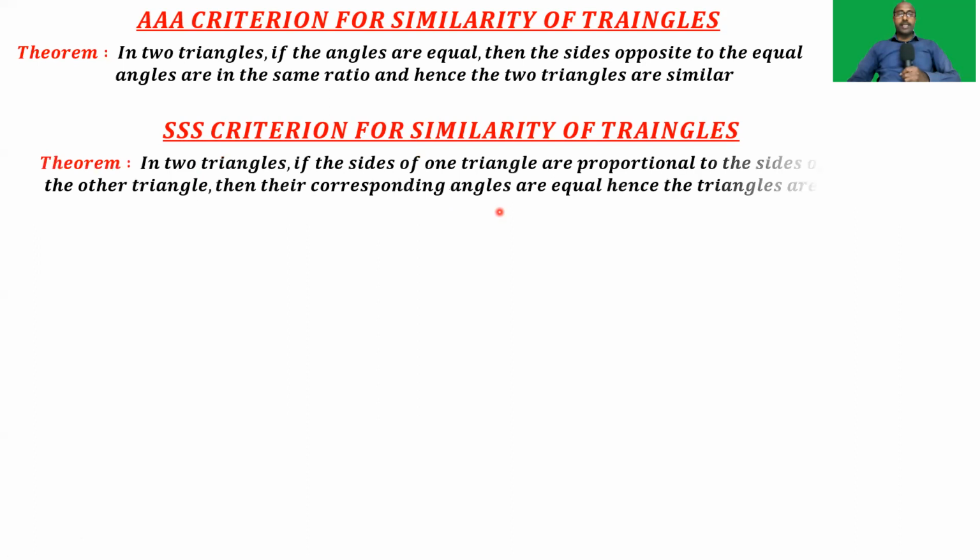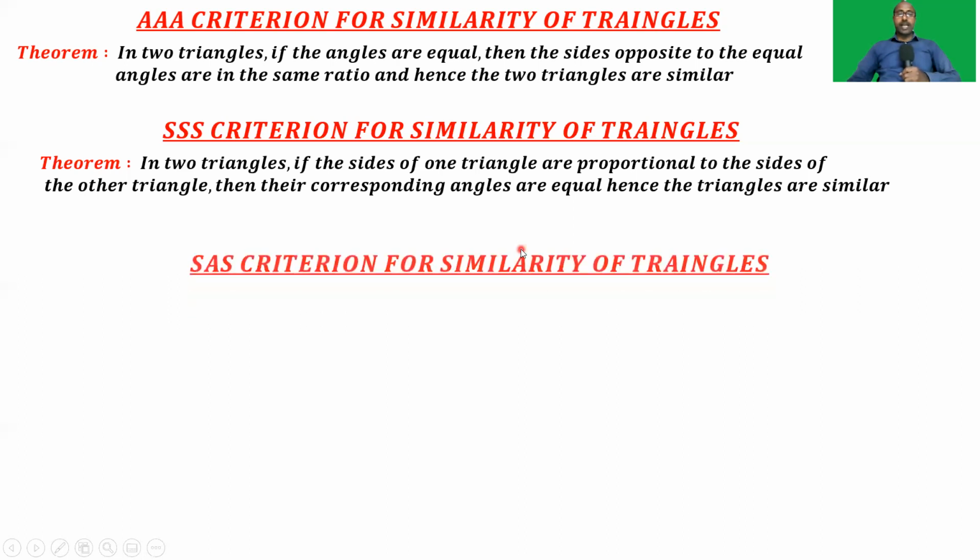This criterion is saying that in two triangles, if the sides of one triangle are proportional to the sides of the other triangle, then their corresponding angles are equal, hence the triangles are similar. That means if the sides of one triangle are in proportion to the sides of another triangle, then the two triangles are similar.